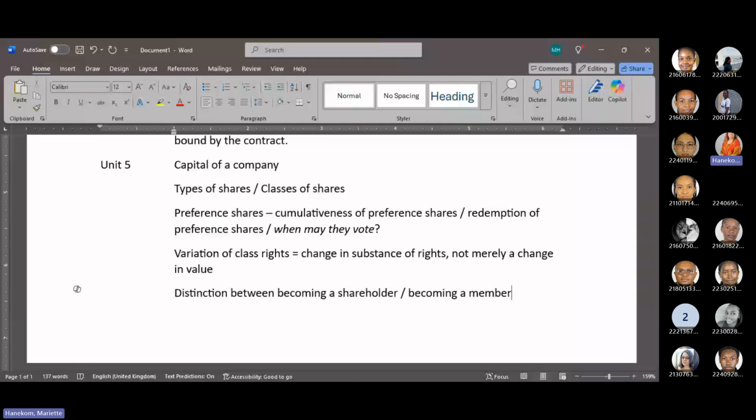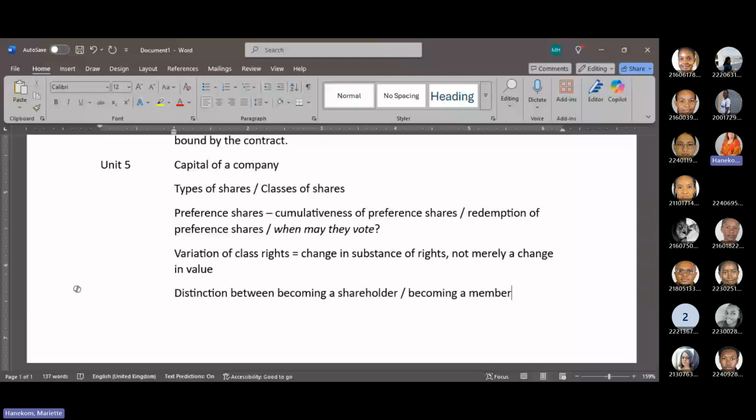Those are the first members of a company, who become members by physically signing the memorandum of association. Subsequent to that, members don't sign the memorandum of association. How do they become a shareholder if they're a member?